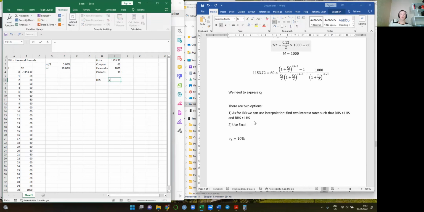So what is going to be the left-hand side? This is going to be always price. So right-hand side, we need to take two interest rates. So for example, take 5% interest rate. So R1 is going to be 5%, and we would calculate the right-hand side if there is 5%.